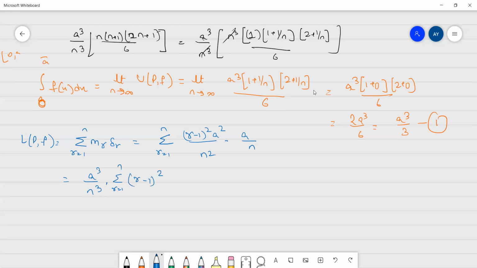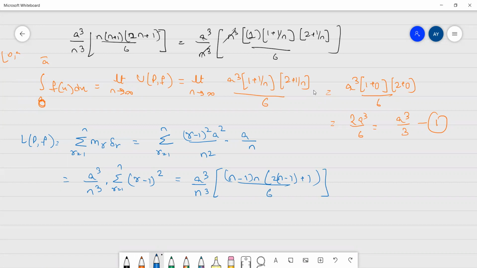Right? So what is the sum of r minus 1 whole square? If you put r equals 1, r equals 2 and so on, you'll have a cube by n cube into n minus 1 into n into 2n minus 1 by 6.